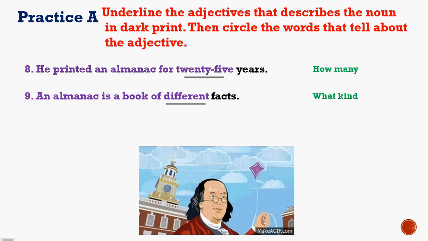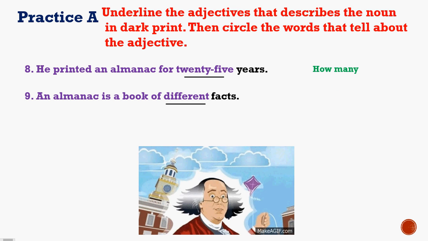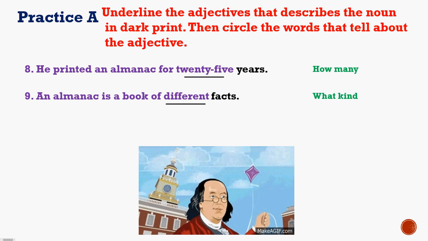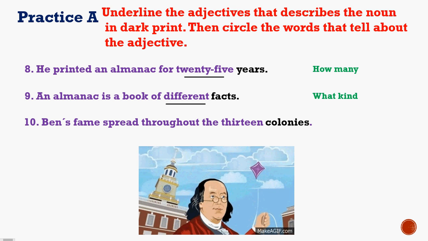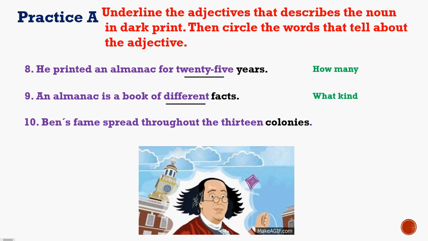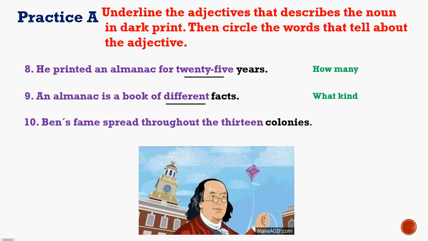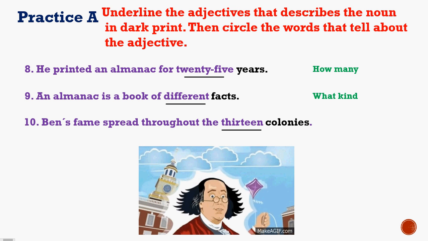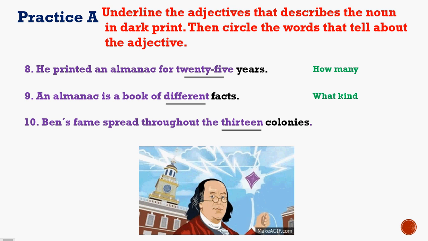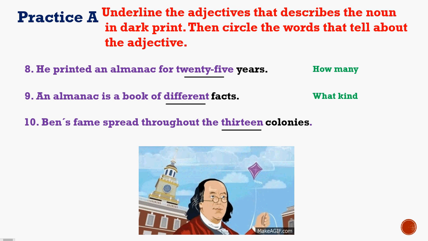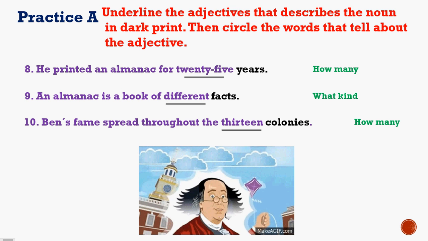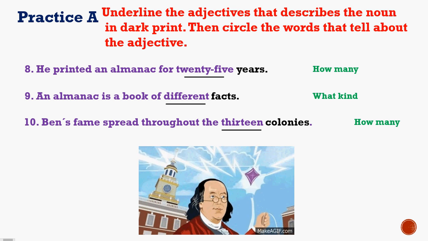This is about what kind or how many? Good job, what kind? And number 10, Ben's fame spread throughout the 13 colonies. The adjective over here is 13, and it's about what kind or how many? Good job. How many? Perfect, guys. We're almost done. Let's go to practice B.